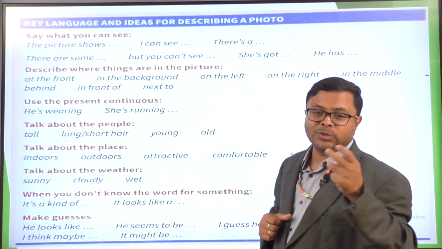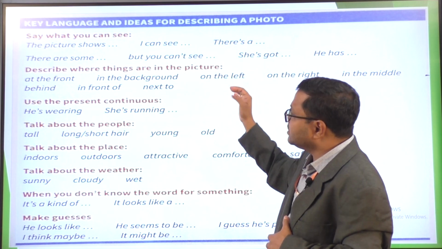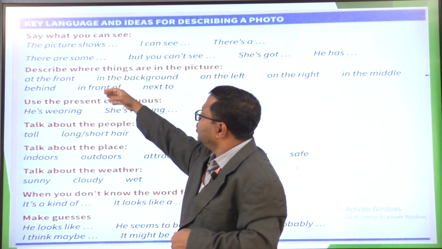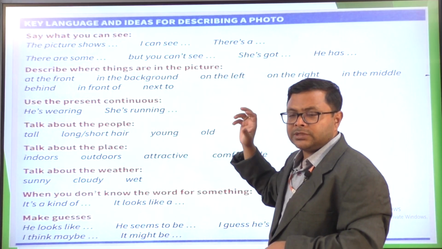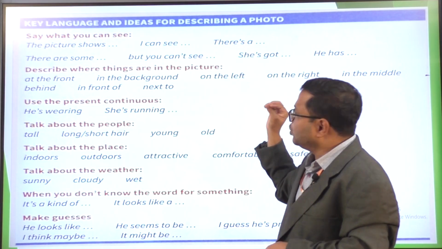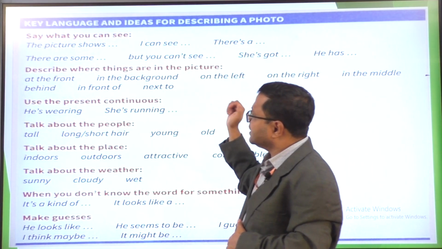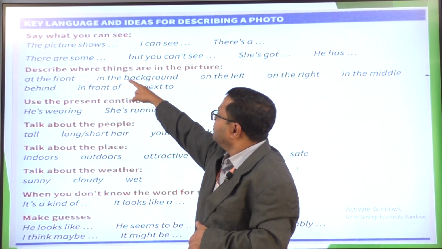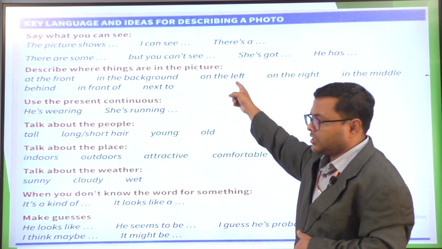All these things you have to use, mostly simple present. Sometimes you can even use other tenses, but mostly use simple present and continuous tense, and you have to describe where things are in the picture.